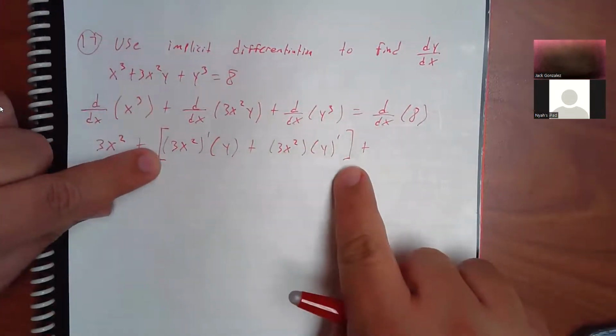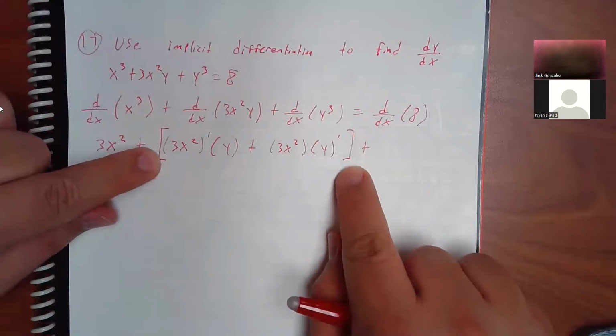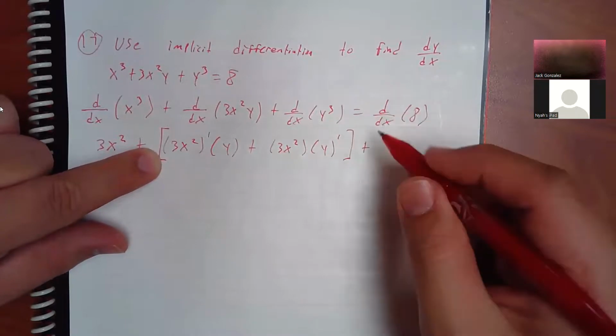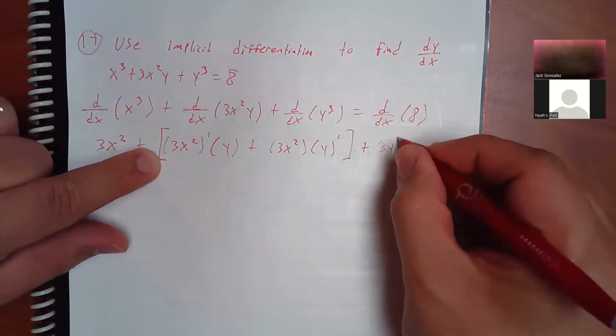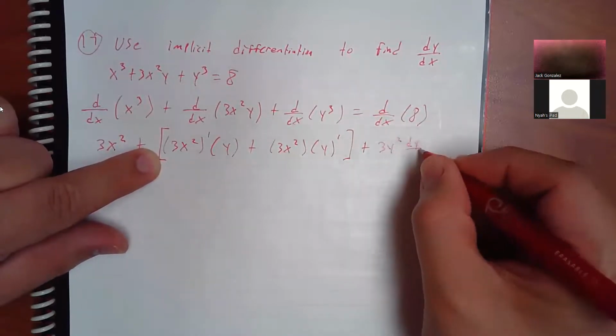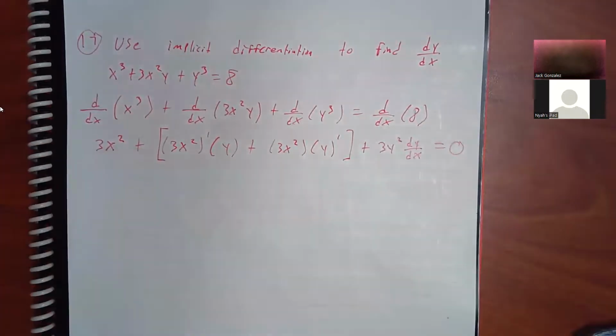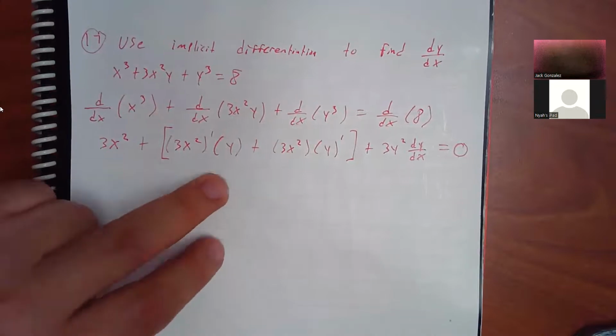Brackets don't do anything, it's just for emphasis. Derivative of y cubed. Derivative of constants, 0. Now let's do derivatives of this product.